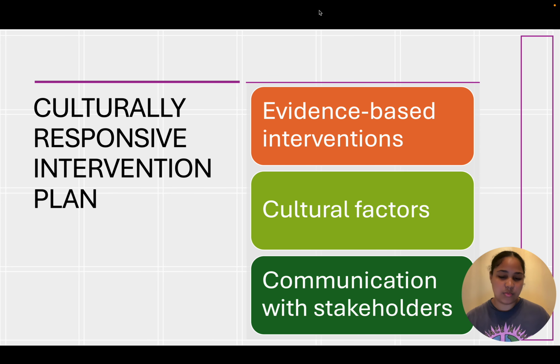And again, we want to talk about communication with stakeholders. How will you communicate with them throughout the process to ensure that interventions are culturally sensitive? Here we want to highlight considering the family's feedback and how you incorporate that.